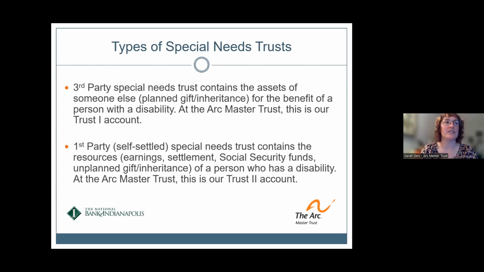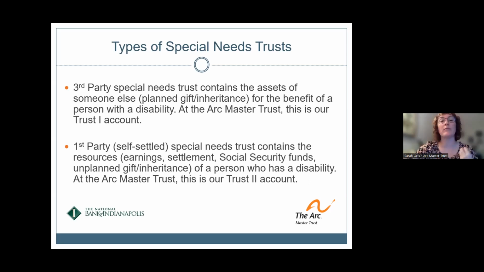They might have received a lawsuit settlement, or could be the direct beneficiary of an inheritance. That money is considered their own financial asset. So they might be setting up a first-party special needs trust to shield those assets and maintain their benefit eligibility. At the Arc Master Trust, we call this our Trust 2 accounts.